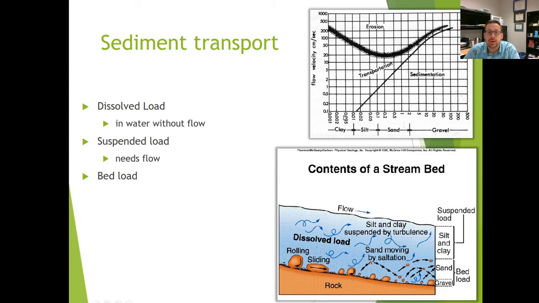Clay will stay up in the water column. So I think this sedimentation line is relatively easy. When you're in this portion of the graph, it's basically stuff that's too big or water that's too slow, and it'll sediment out.